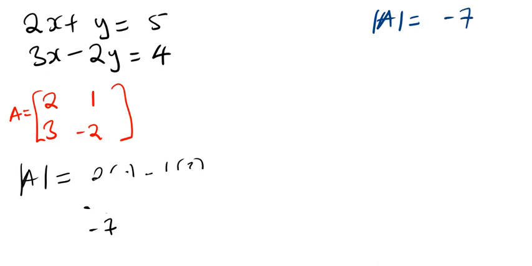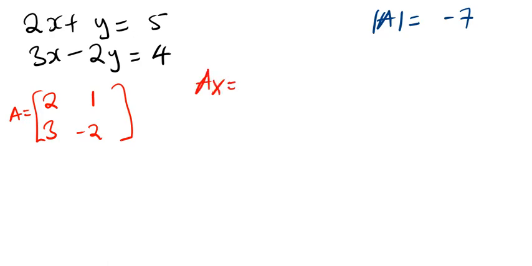Now, the next thing is I need to find the determinant of x. What do I mean? The same A, but we are going to call it AX. Remember, if we go back to matrix A, this is x, this is y.